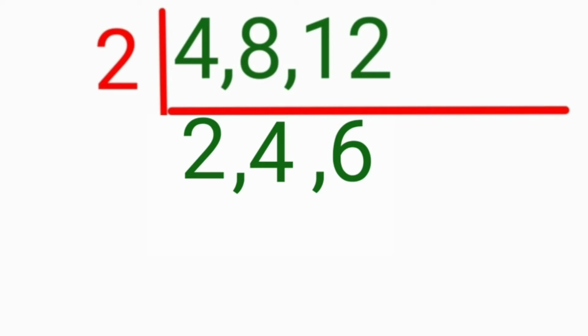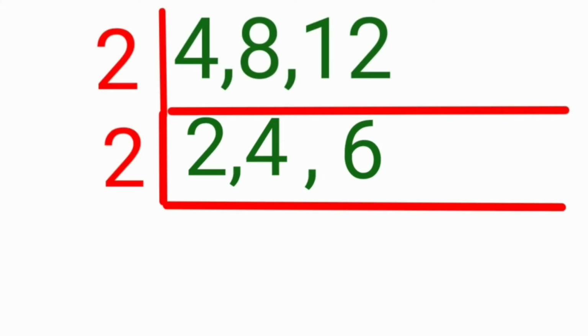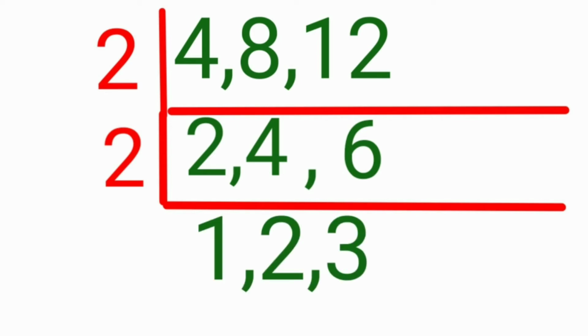Now see which number divides all the three numbers 2, 4 and 6. Again 2 divides 2, 4 and 6. Now we divide by 2. How many 2's are in 2? Yes, 1 2 is 2. We write 1 below 2.